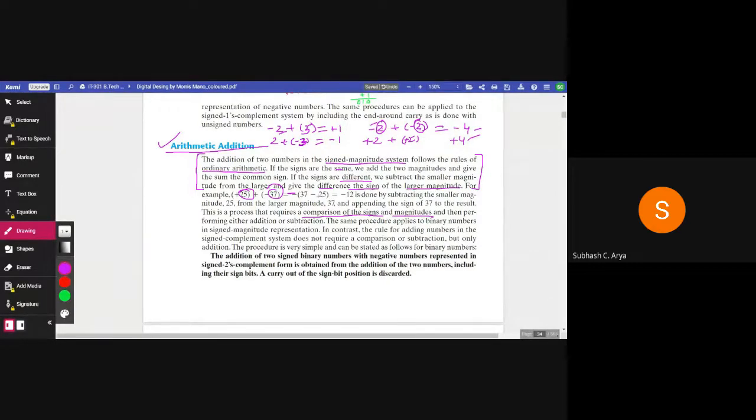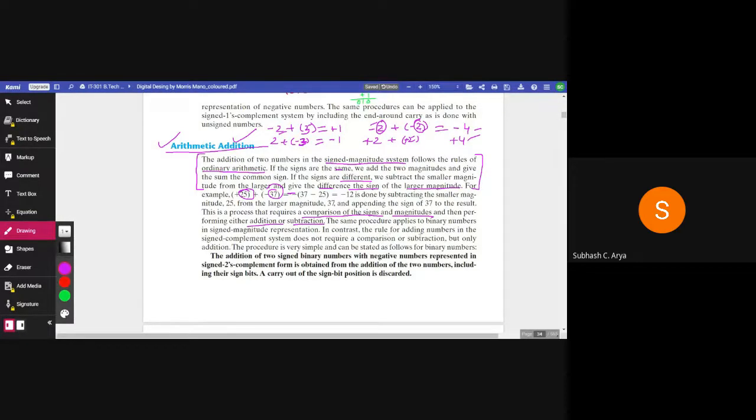Even before doing the addition, we have to compare which one is smaller, which one is larger. It means we need a comparator circuit, and then perform either addition or subtraction. So this ordinary mathematics is a two-step process while doing the addition. The same procedure applies to binary numbers in sign magnitude representation.